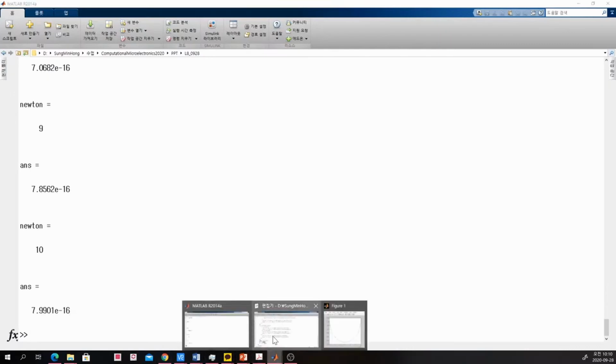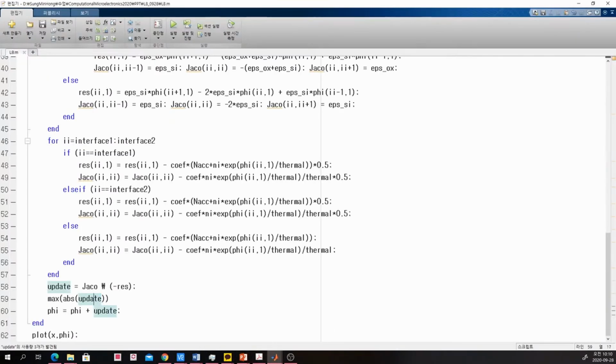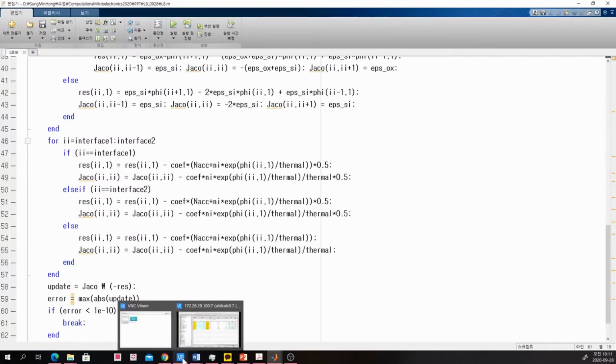Then why don't you just introduce something? Let's call this number the error, and if the error is smaller than 10 to the minus 10, so 0.1 nanovolt, then just break this Newton loop. Then what will happen? If our solution is sufficiently close to the real solution, then our update will also be very small.